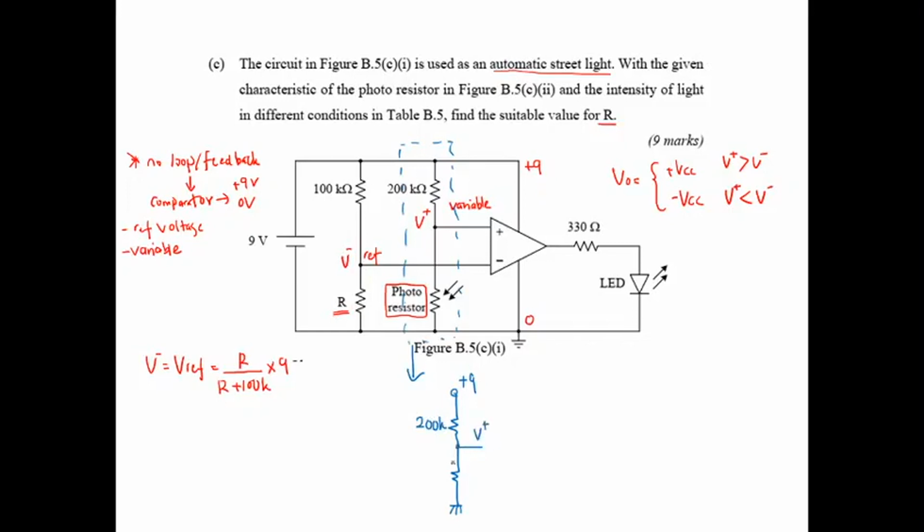During the sunset or sunrise, the photoresistor resistance is 100K. So here V plus is equal to, using the voltage divider, 100K over 100K plus 200K times 9. So this is equal to 3 volt. Okay, that's not the final answer.